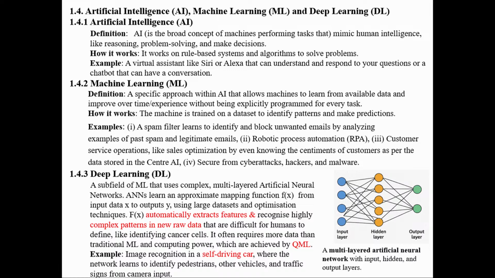As a definition, AI mimics human intelligence like reasoning, problem solving, and making decisions. It can take decisions also. How does it work? It works on rule-based systems or algorithms to solve the problem. Rule-based system means we are giving some programs to it, so it will do things like 2 plus 4 is equal to 6.